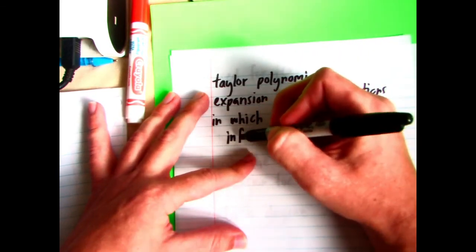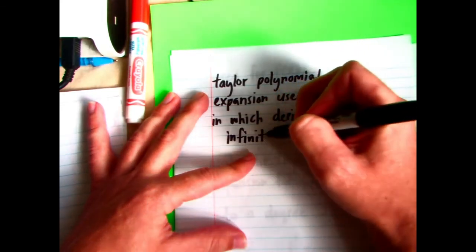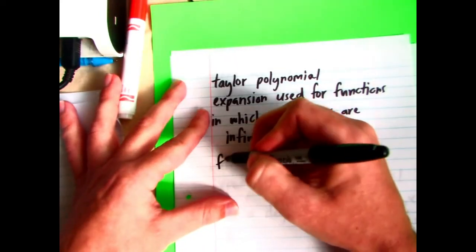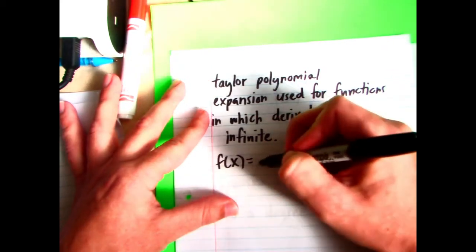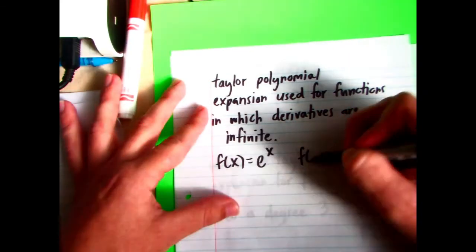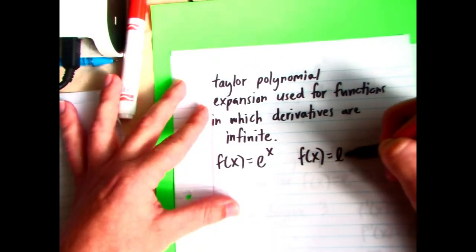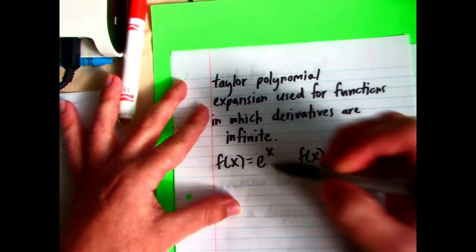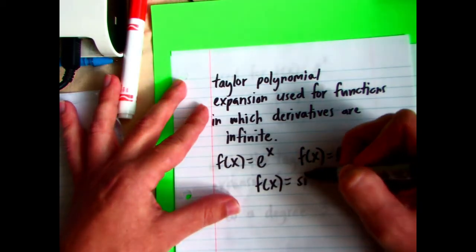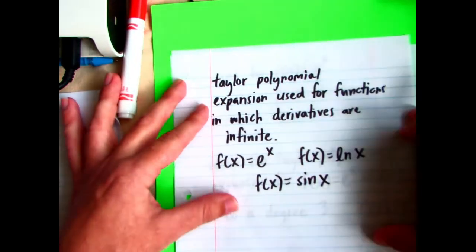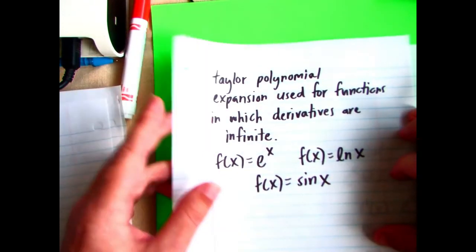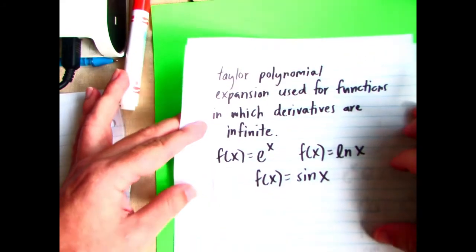You can keep getting a derivative, there is no end to the number of derivatives you can take. So what functions provide that? Functions like e to the x, functions like natural log x, or sine x. You can keep taking derivatives and repeat that process for an infinite number of derivatives for these functions.